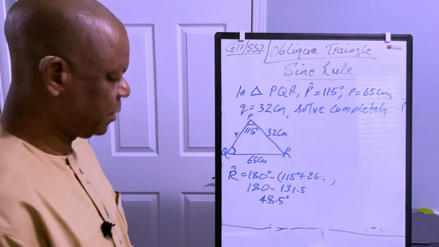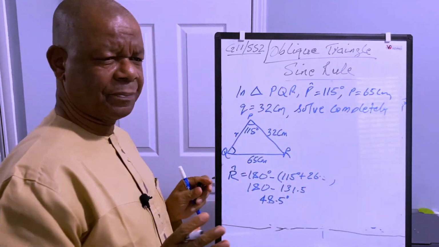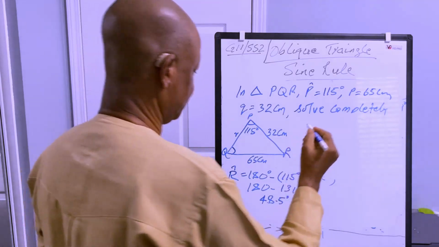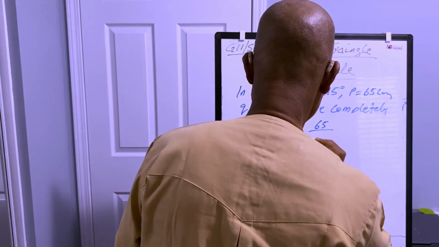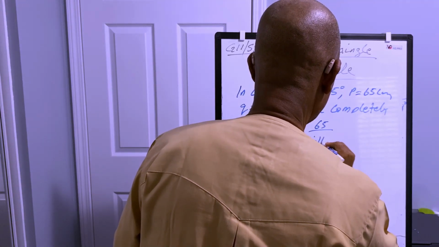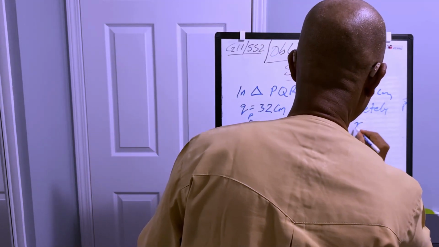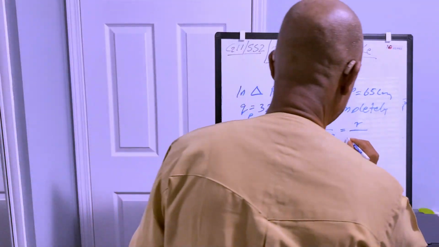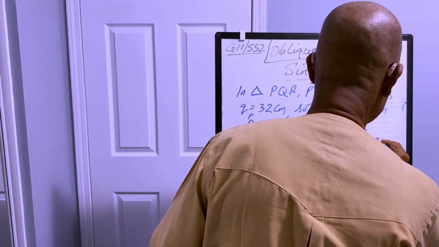Already we have presented the formula. We don't need to repeat that formula again. We simply say that 65 over sine 115 degrees is equal to R over what we find for R, and that is sine 48.5 degrees.